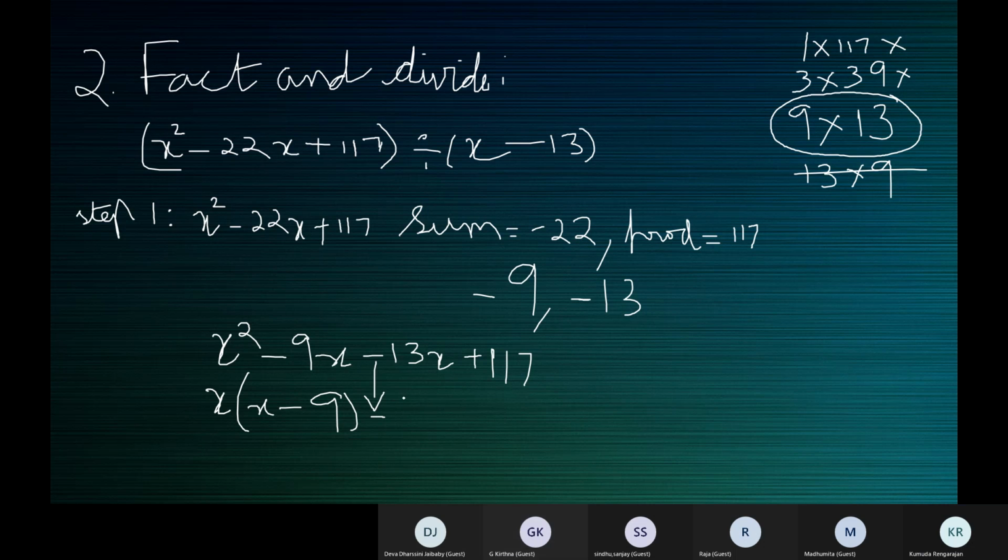Minus 13 of x minus 9, ma'am. Minus 13 into x is minus 13x. Minus into minus is plus. 39s are 117. Yeah, then next.